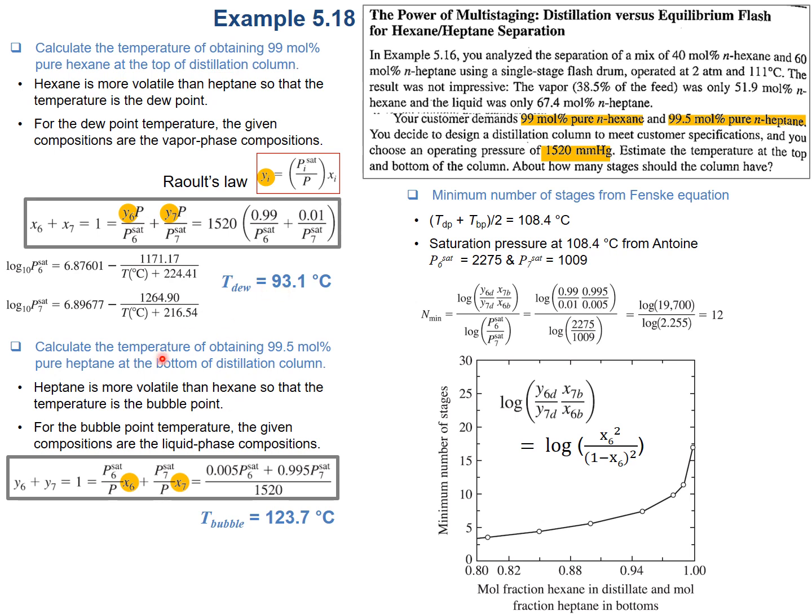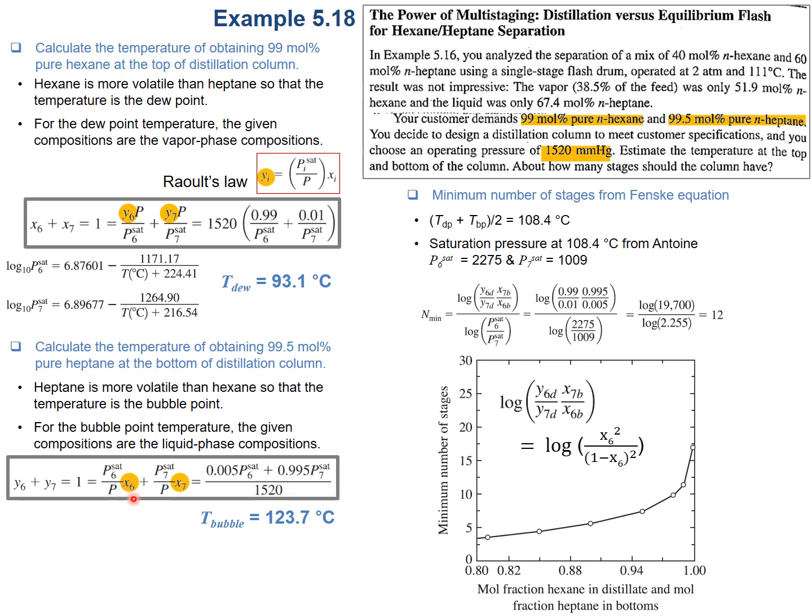In a very similar way, you can calculate the bubble point of the bottom product of the distillation tower. In that case, the given composition is the composition in the liquid phase.